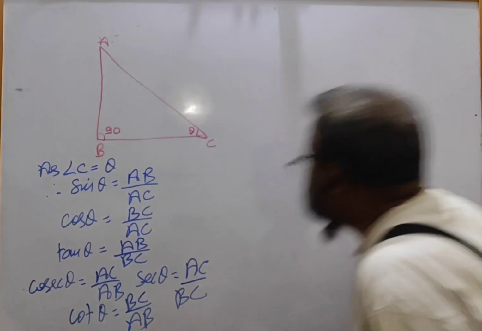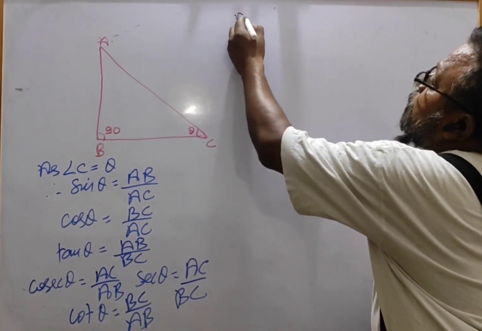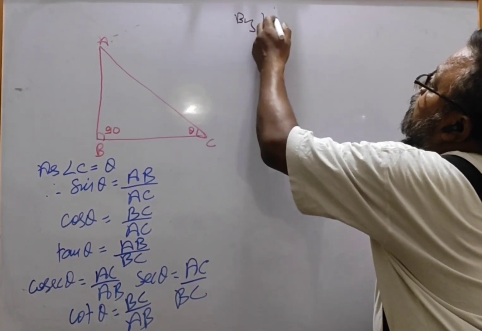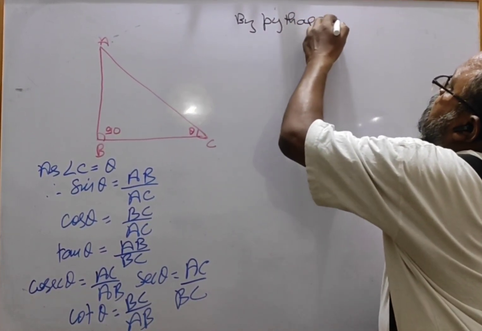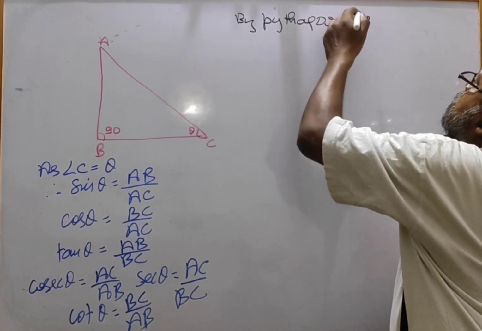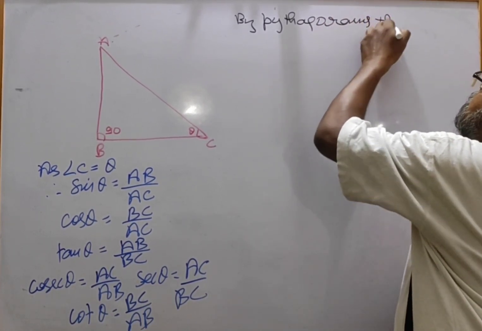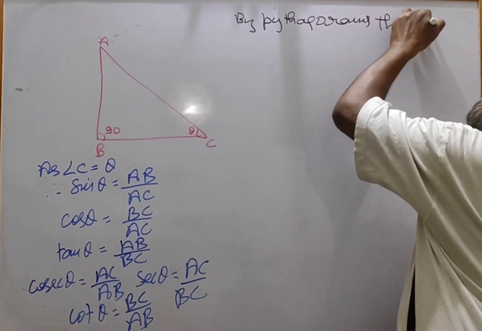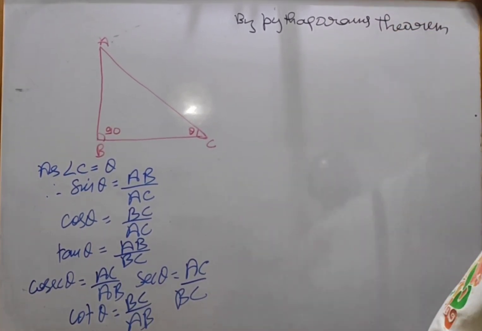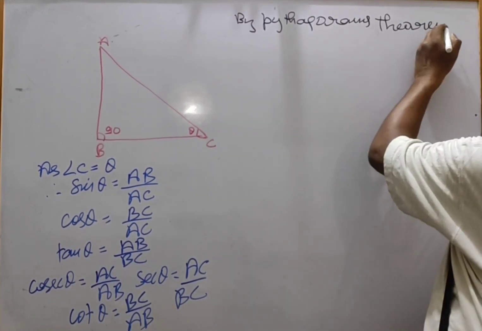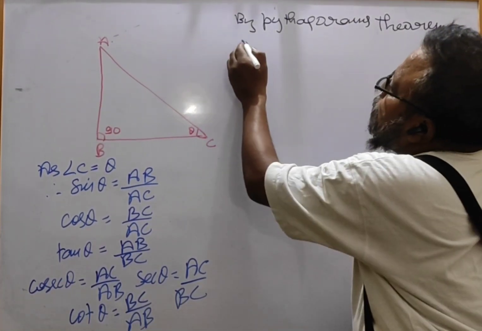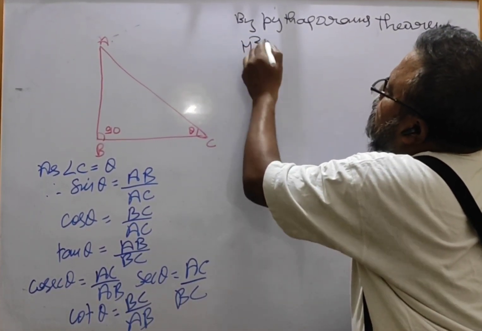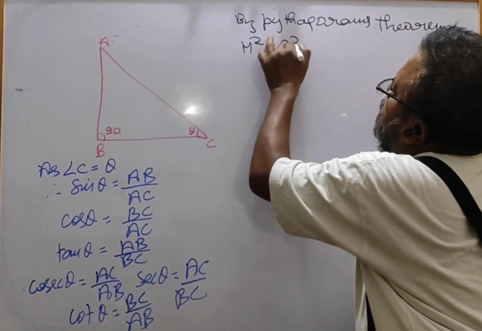Now, by Pythagoras theorem, hypotenuse square is equal to perpendicular square plus base square.